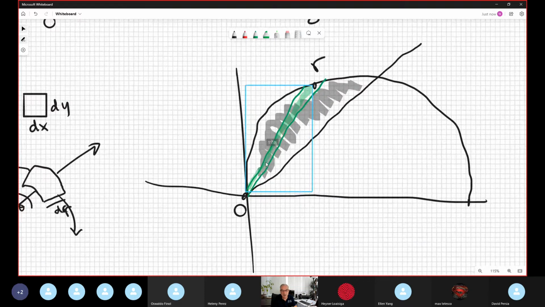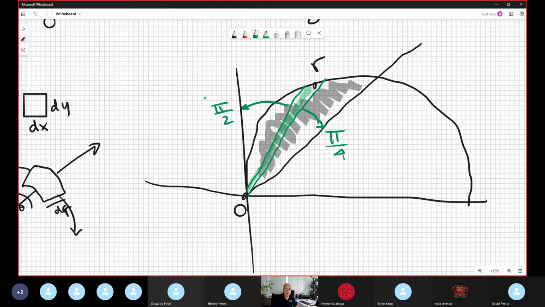You extend the green part from this angle, boom, touch, to this angle, boom, touch. Because the circle is decreasing the radius but it's tangent to the y-axis, it's obvious that it is pi over 4 here and pi over 2 here. Make sense? Okay, thank you.